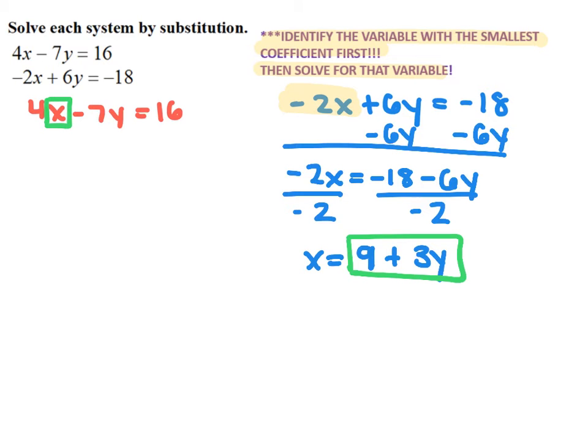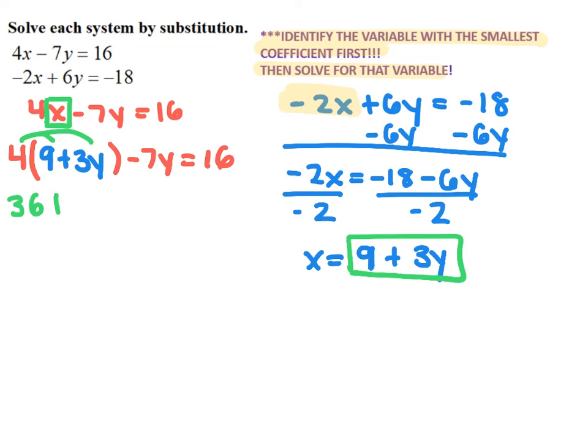other equation. So it'll become 4 times 9 plus 3y minus 7y equals 16. In order to solve, you first need to distribute, so you get 36 plus 12y minus 7y equals 16.